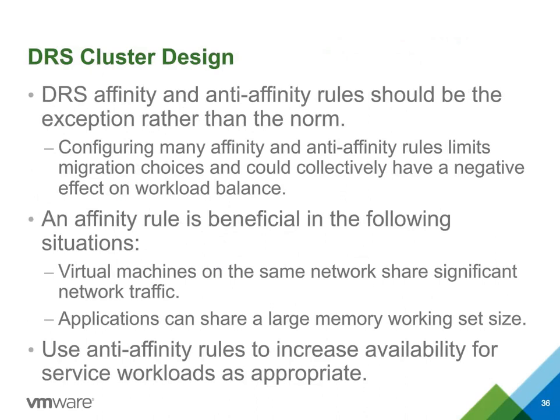So, as an example of an affinity rule, if you have a collection of virtual machines that are perhaps implementing a three-tier application, so for instance, one of the virtual machines may be your database, the second VM may be your application tier, and the third, or perhaps even more, VMs are your web VMs.